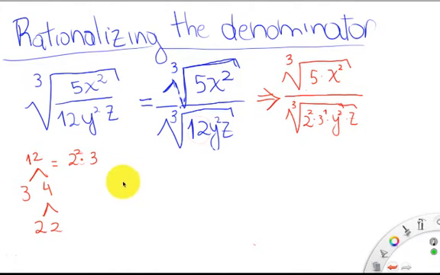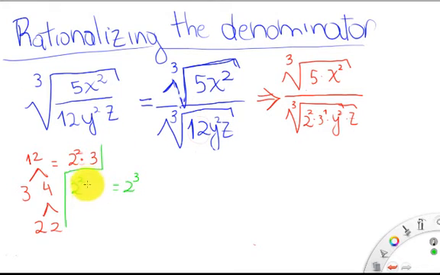So ask yourselves this question. Let's say that I have a 2 squared, and I want to make it a 2 to the third. How can I do that?